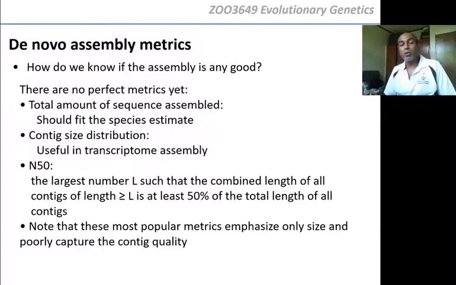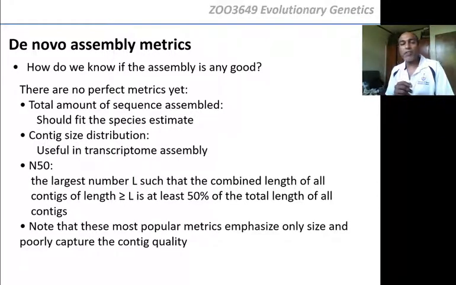So how long each contig is, is very important. The N50 length is the largest number such that at least 50% of the combined length of all the contigs is in contigs greater than this number. So the N50 number is an important way to say, okay, I've got a good genome assembly, or I've got a bad genome assembly.